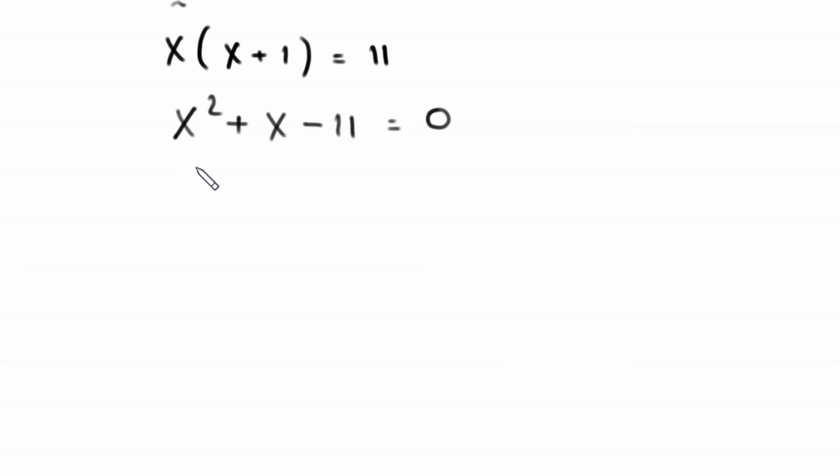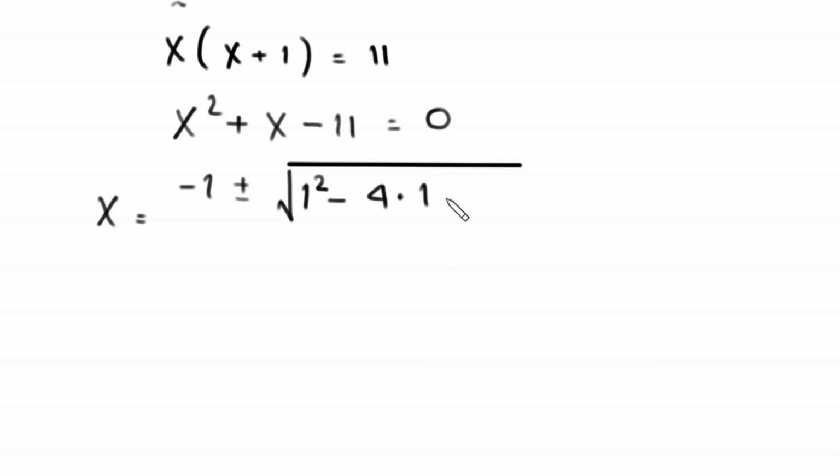Now this quadratic equation is not factorable, so we solve it by quadratic formula. According to quadratic formula, x is equal to negative b is 1 plus or minus the square root of, in place of b squared we write 1 squared, minus 4 times a is 1 times c is negative 11, divided by 2 times a is 1.